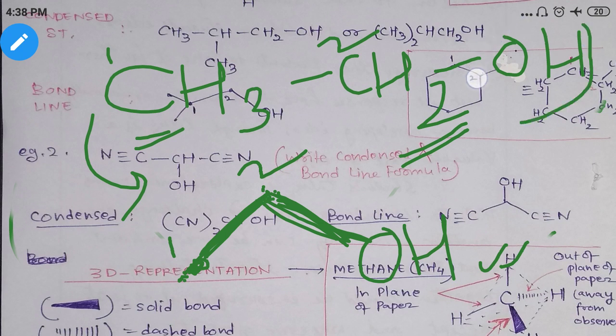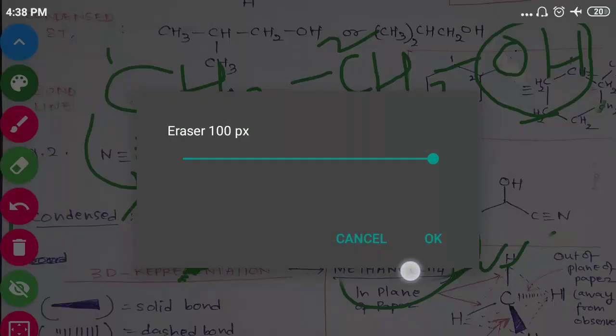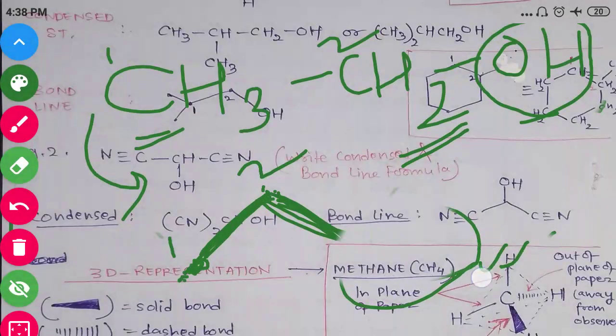And similarly, I have said that the other atoms you will show, so this OH you will show. You will not leave it out, because if you do not write this OH, what will happen?